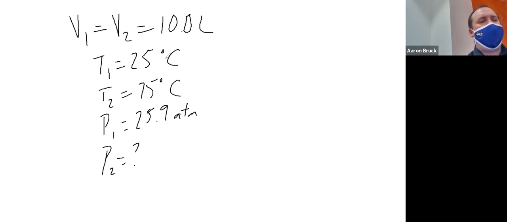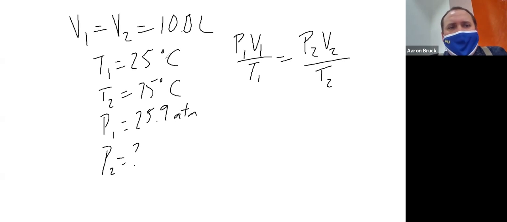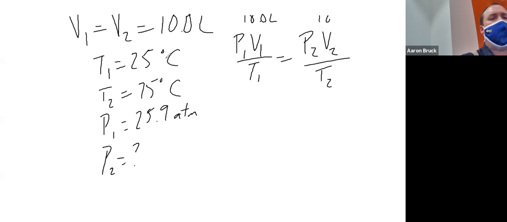But in terms of our combined gas law, one thing that we can look at here is since V1 and V2 are the same, they're both 10.0 liters, they effectively cancel each other out.